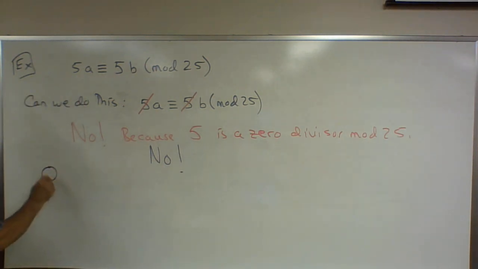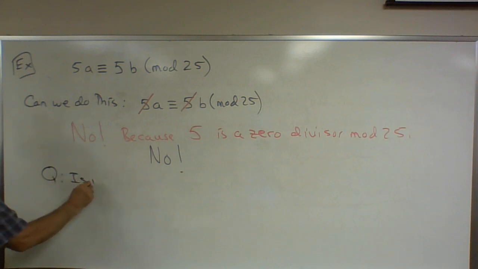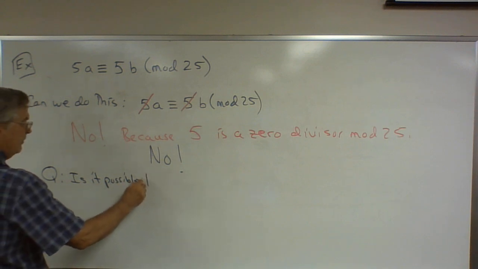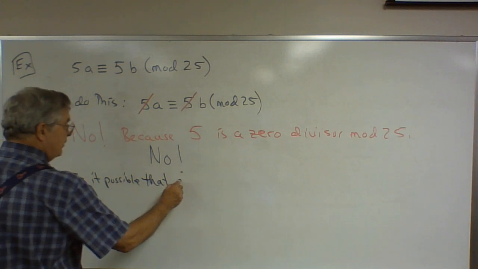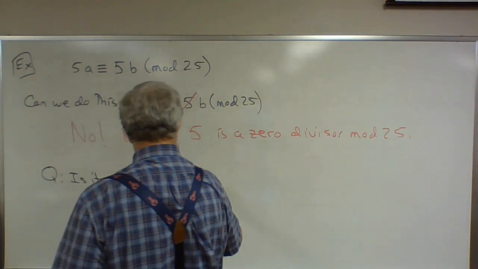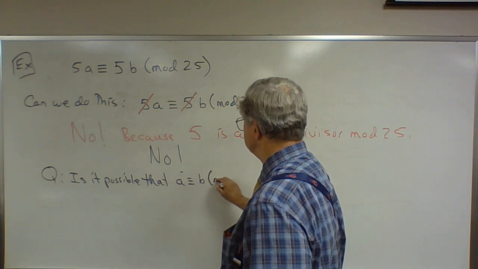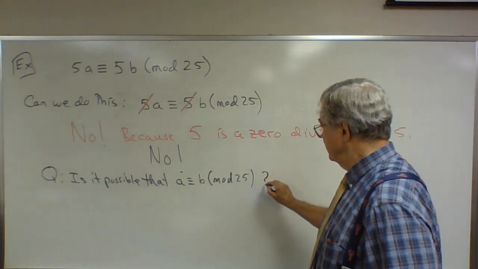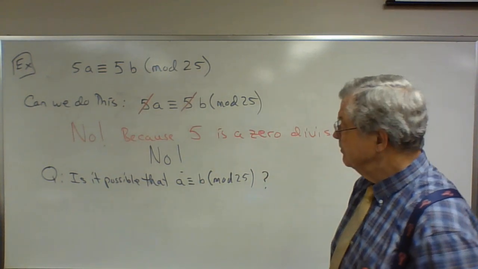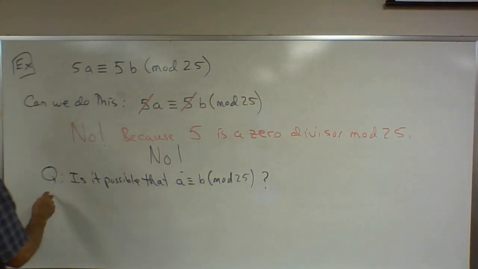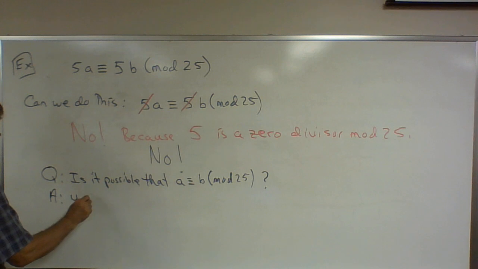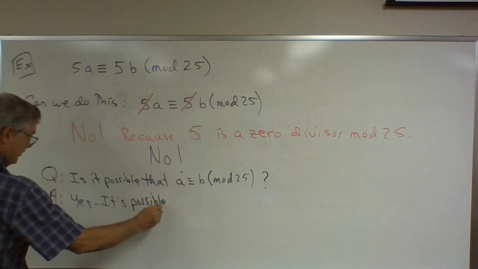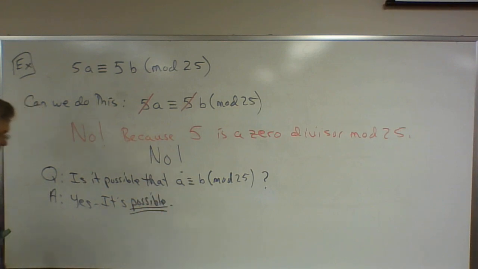Now here's a related question. Is it possible that A is congruent to B mod 25? It could be. It's possible.